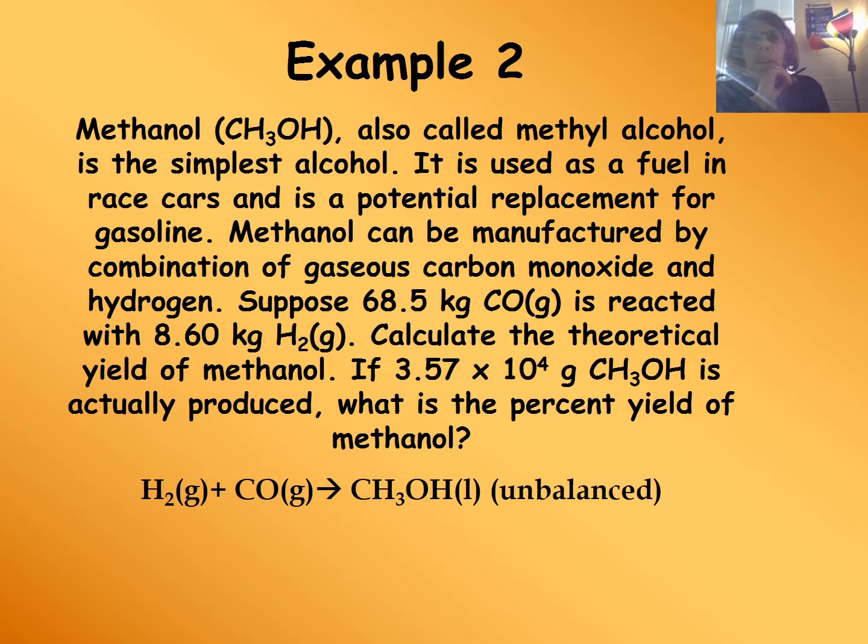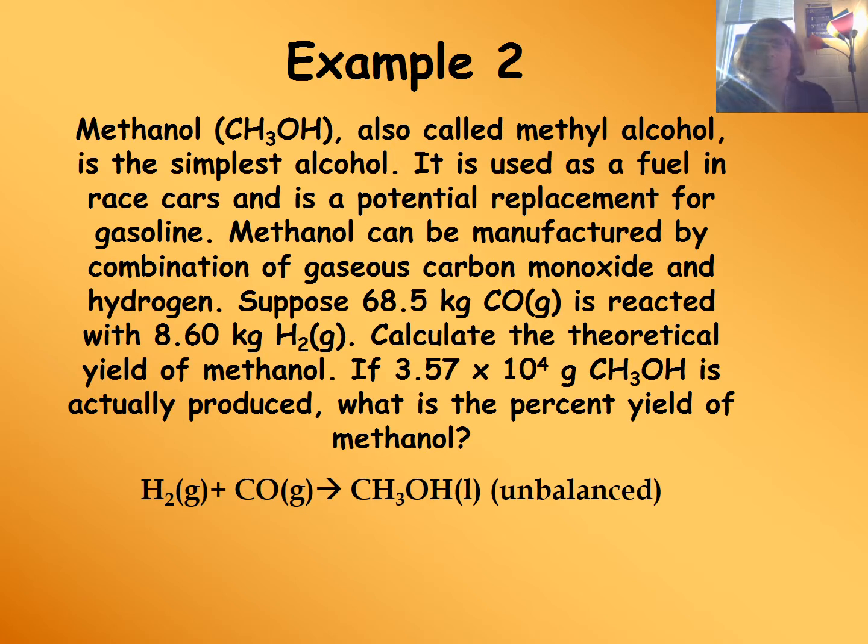All right. So methanol, also called methyl alcohol, is used as a fuel to race cars and is a potential replacement for gasoline. Methanol can be manufactured by a combination of gaseous carbon monoxide and hydrogen.